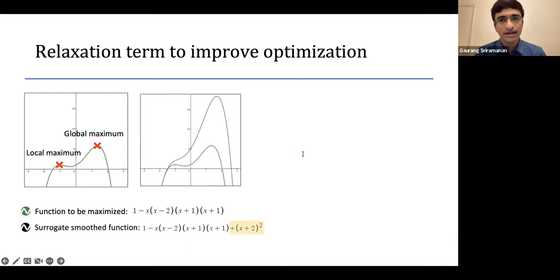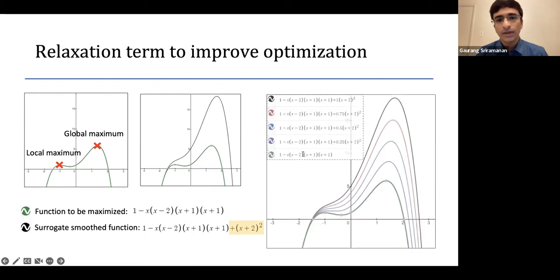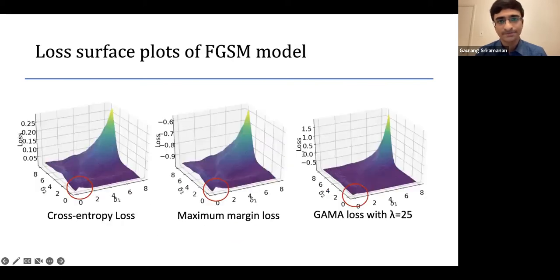By introducing a squared relaxation term, we obtain a family of functions which are more amenable to standard methods of optimization such as SGD. We then linearly decrease the contribution of this smoothing term to 0 over iterations and obtain the global maximizer of the original function at the end of optimization.